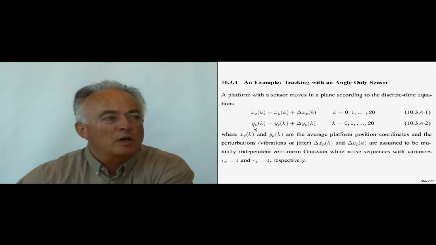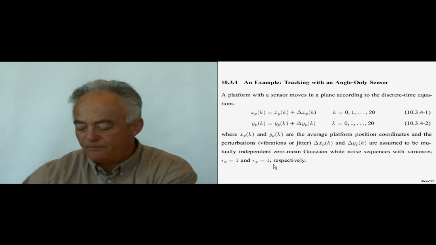Similarly, the y position is an average yp plus the perturbation. So these average platform position coordinates are known, but the vibrations or jitter, this perturbation, will be modeled as independent zero mean Gaussian white noise sequences with unity variance Rx and Ry.